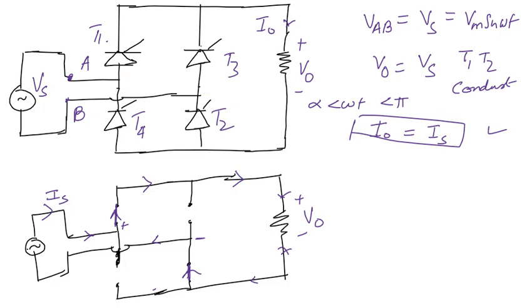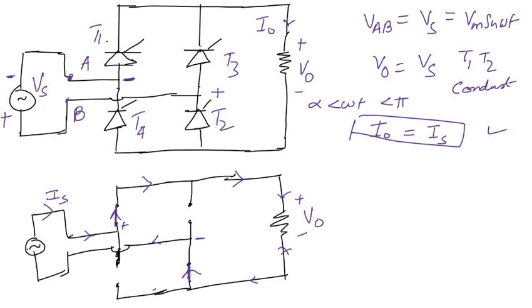During the reverse polarity, this is negative and this is positive, so A will have negative polarity and B will have positive polarity.